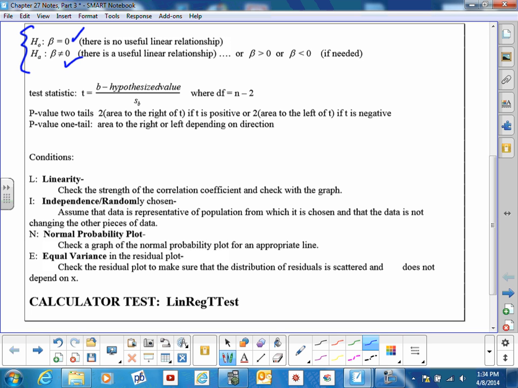It kind of threw a lot of the nation off, actually. They had a slope of 6 that they were wanting you to compare your slope against instead of a slope of 0. Okay, so that was kind of tricky. I will show you that problem later so that you can see that it happened to not be 0 because they asked to compare to a specific slope, not just is there a linear relationship.